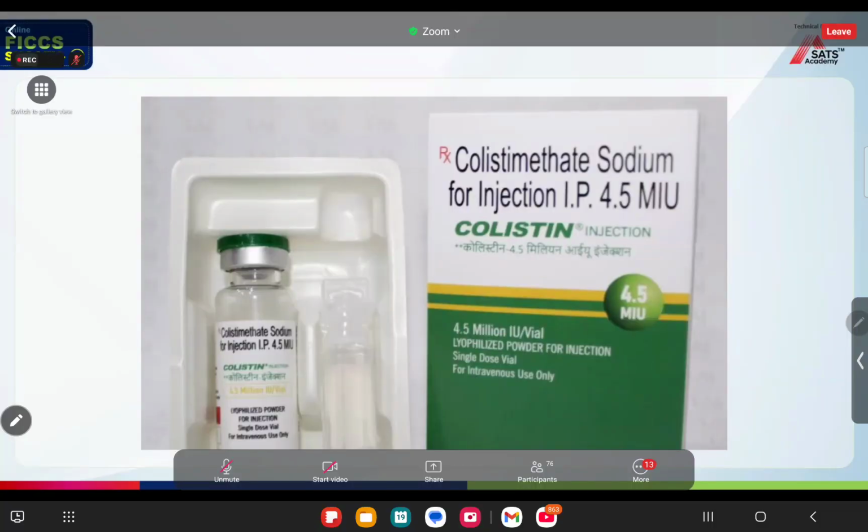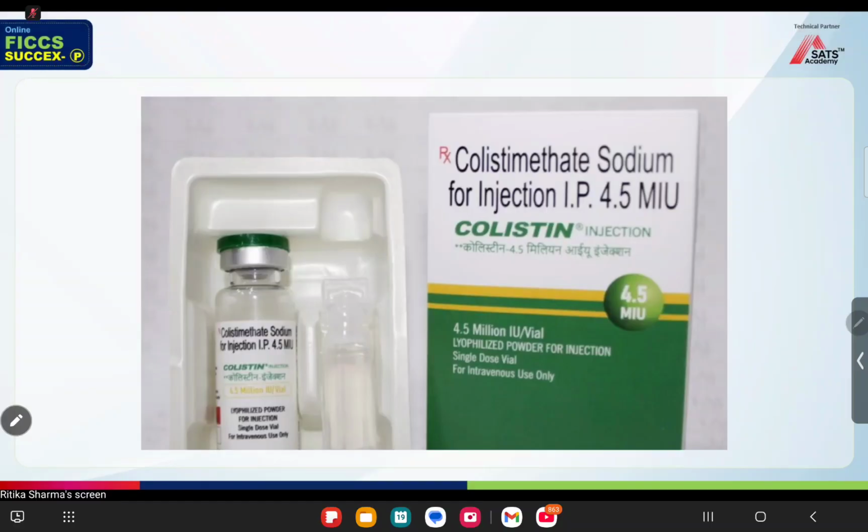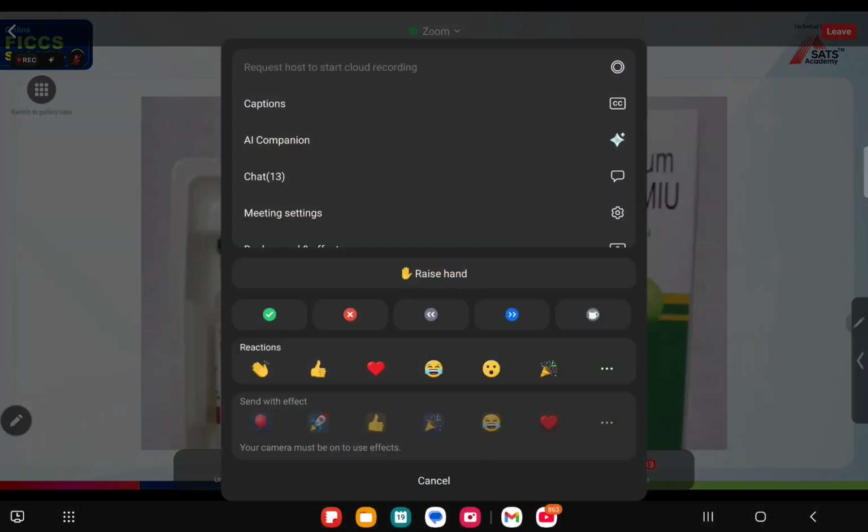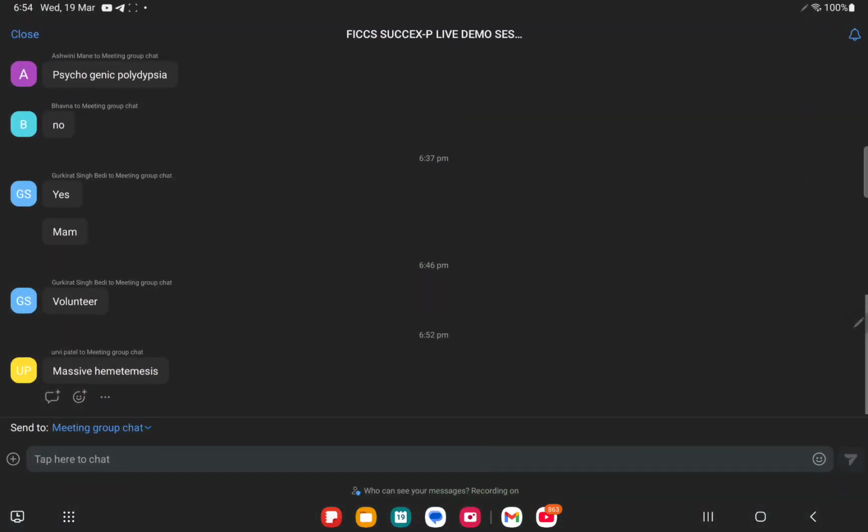Yes, ma'am, gram positive and Burkholderia. No, but among other gram negatives, which will it not cover? Okay.